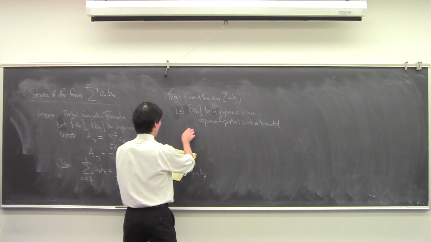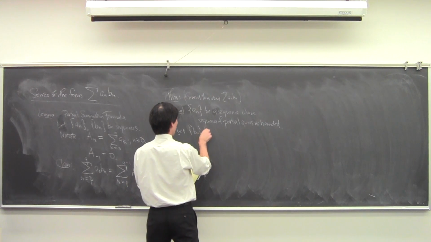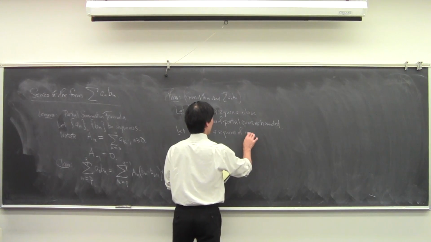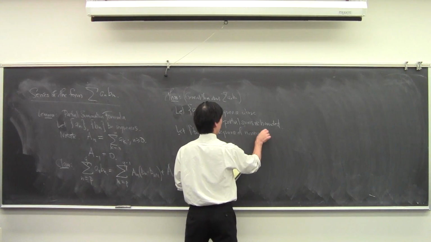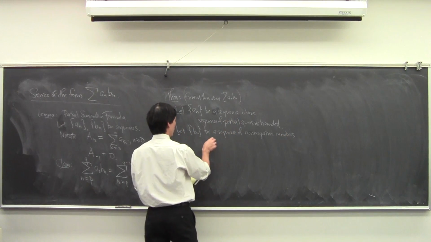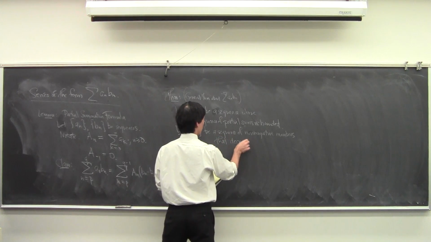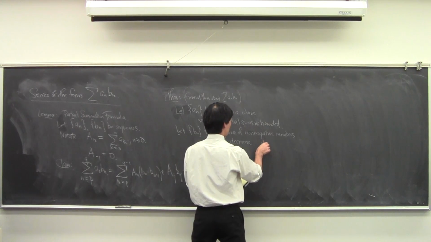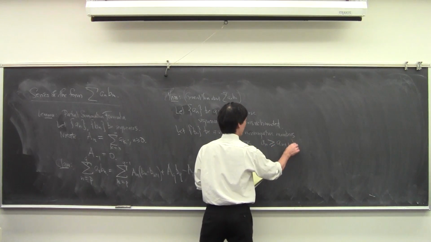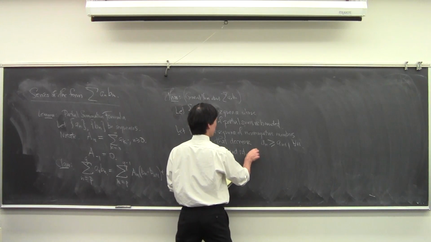Okay. Let B sub n be a sequence of non-negative real numbers that decrease. So b sub n is bigger than or equal to b sub n plus 1 for all n, and such that the limit is 0.